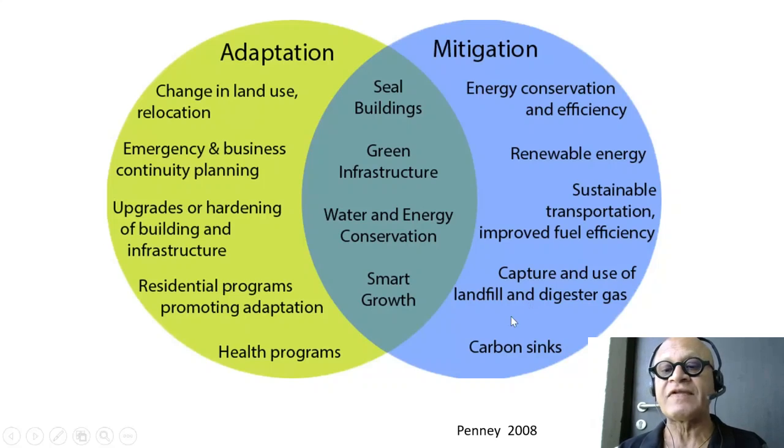Capture and use of landfill and digester gases and carbon sinks, so maybe afforestation to create new carbon sinks, recover the coastal ecosystems like mangroves and also wetlands and salt marshes, which actually sequester 3 to 10 times more carbon than the land forest, terrestrial forest.